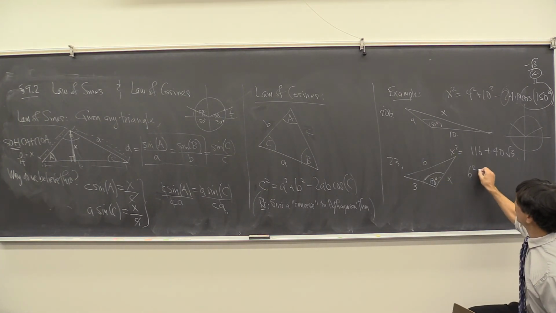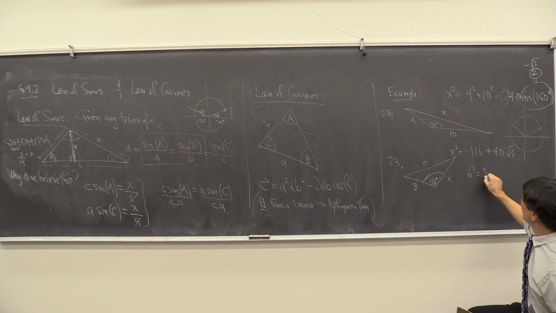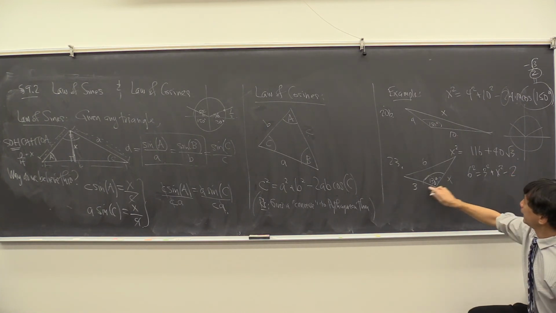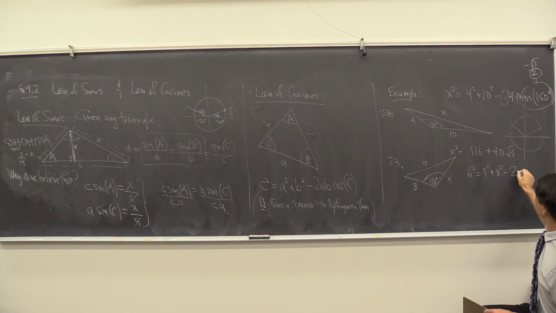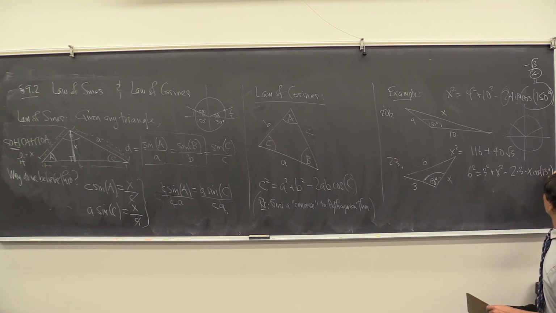we know that 6 squared is going to be a squared plus b squared minus 2a times b, 2 times 3 times x, times the cosine of 130.